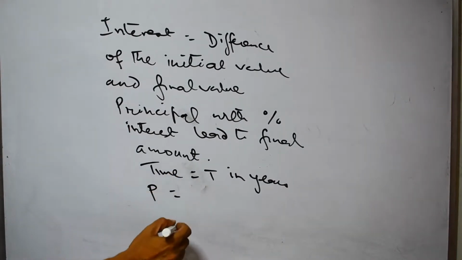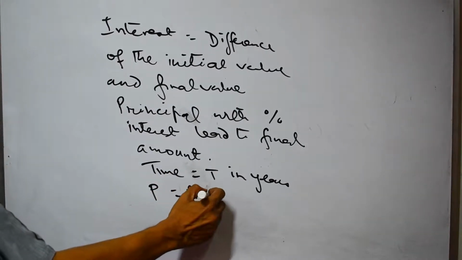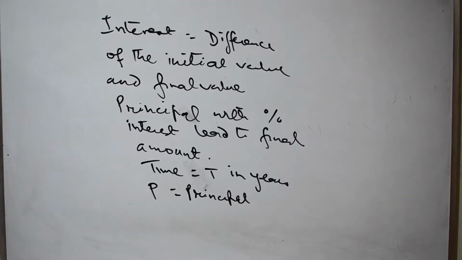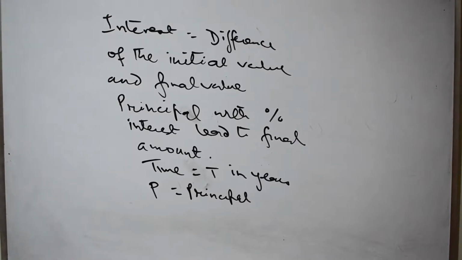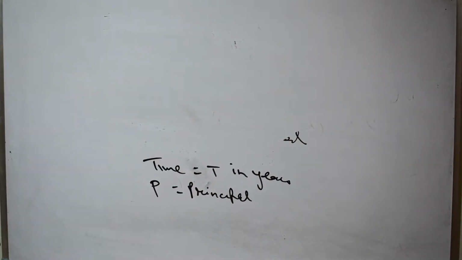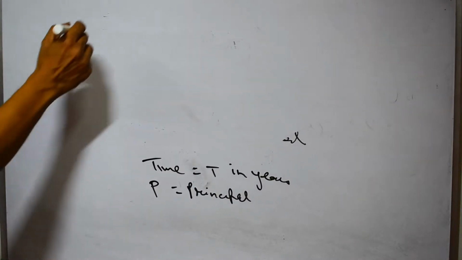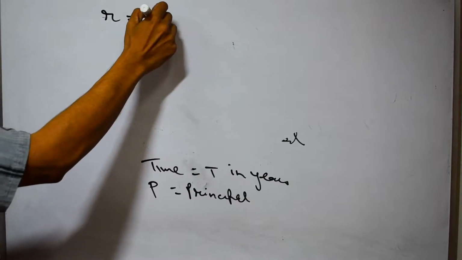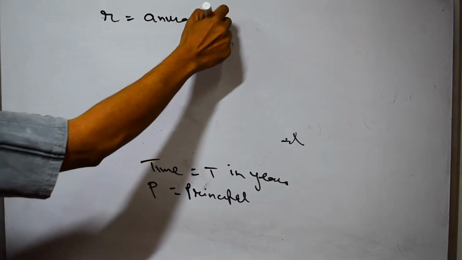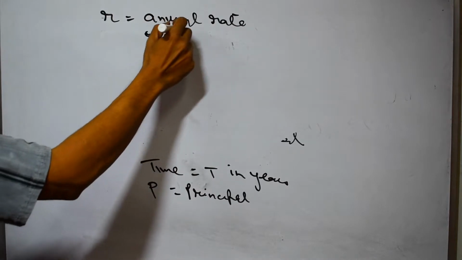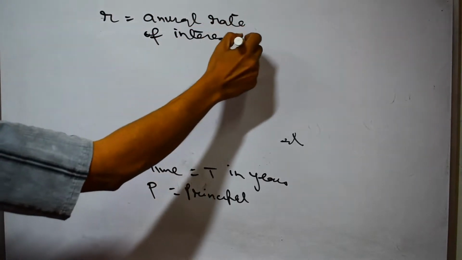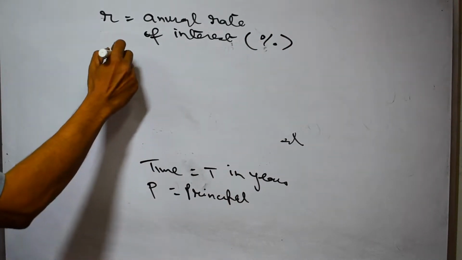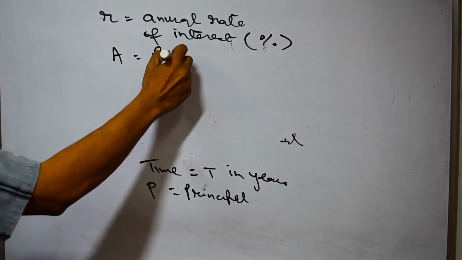P means the principal, which is the initial value. Now we have two more things for this topic. Firstly, rate of interest, that is R. This is the annual rate of interest, always in percentage, and A will be the final amount.